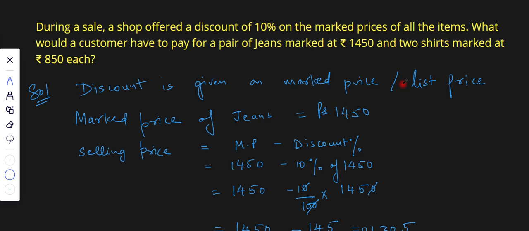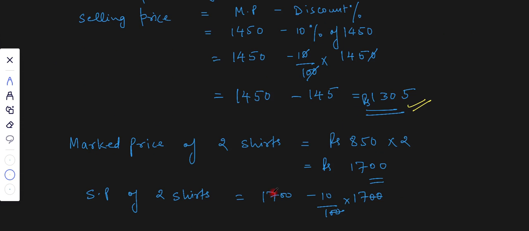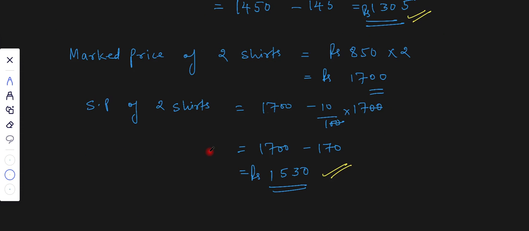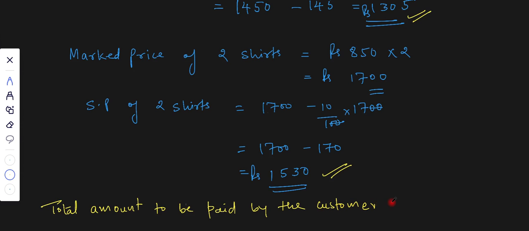The question is, what would a customer have to pay? So the total amount to be paid by the customer is equal to, you need to add both these values, 1305 plus 1530.